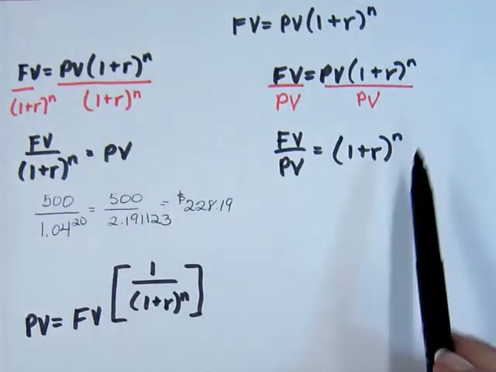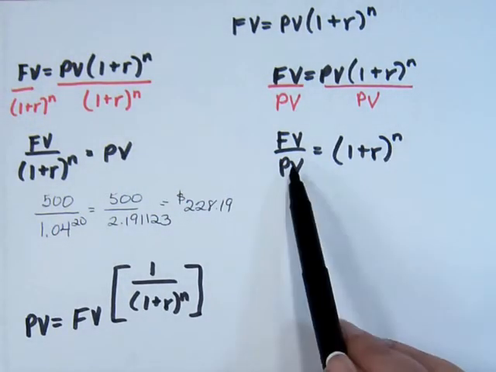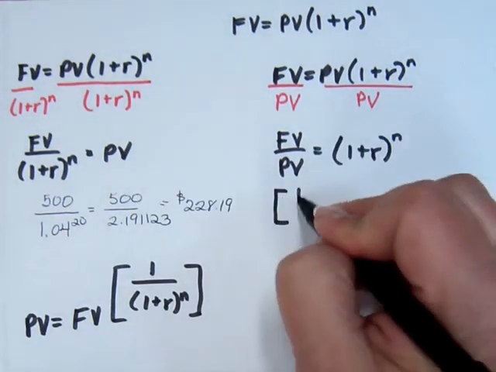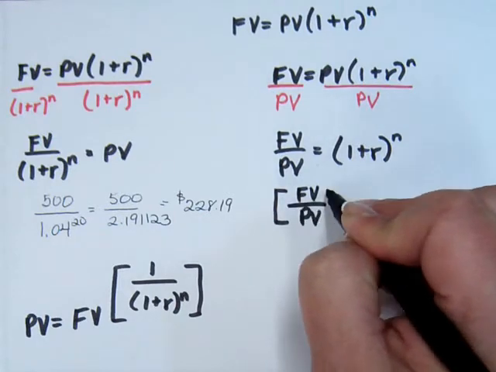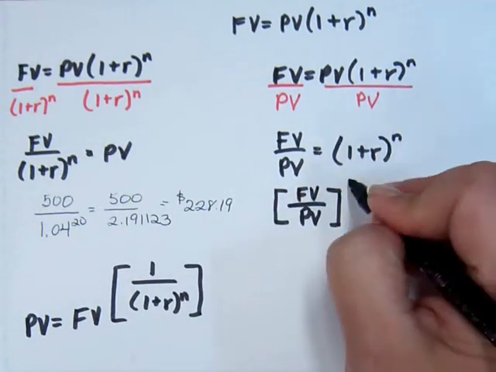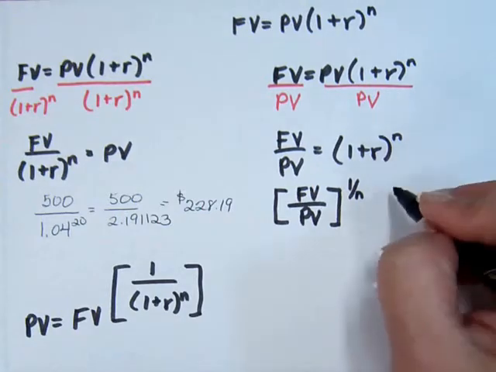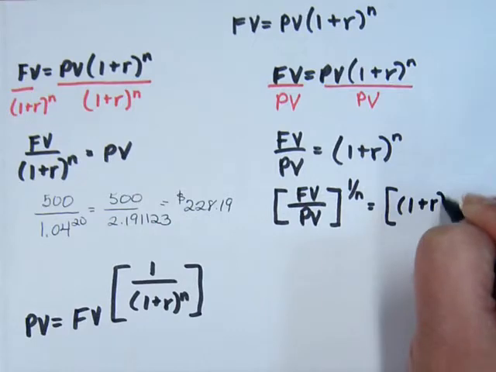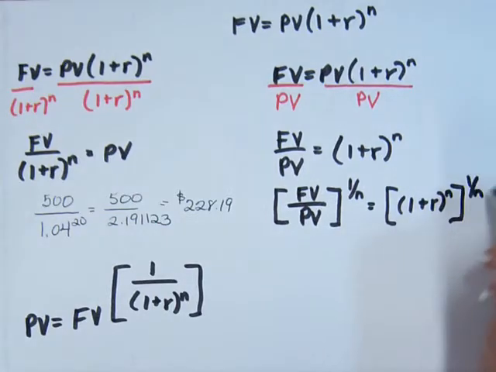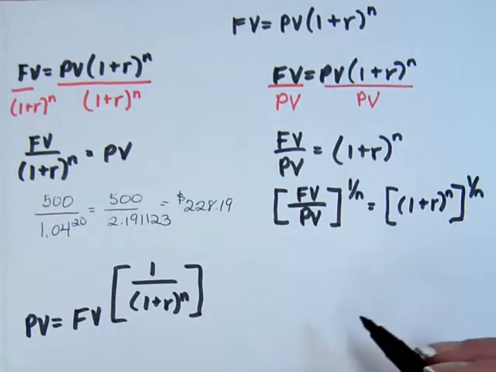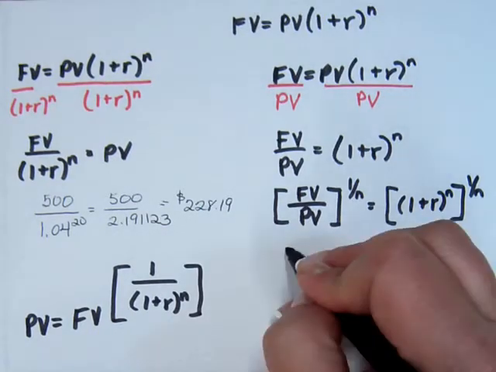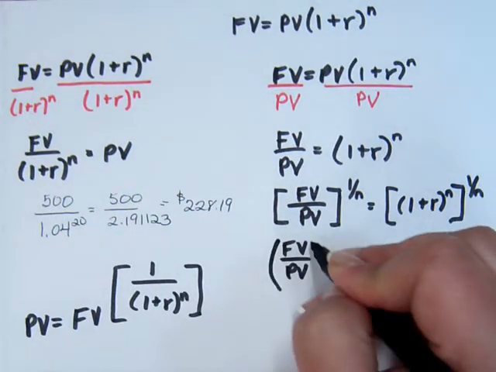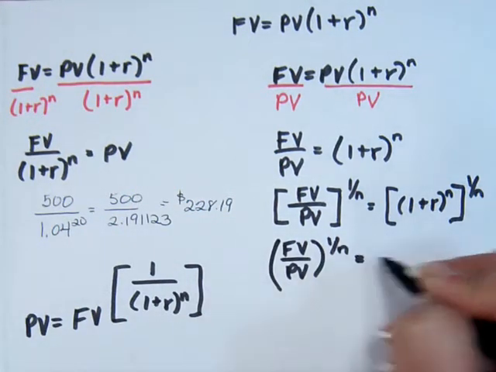Now, to get rid of the exponent, we're going to multiply both sides by 1 over n. So we end up with FV divided by PV times 1 over n equals 1 plus the rate raised to the nth times 1 over n. And that leaves us with FV divided by PV to the 1 over n equals 1 plus r.